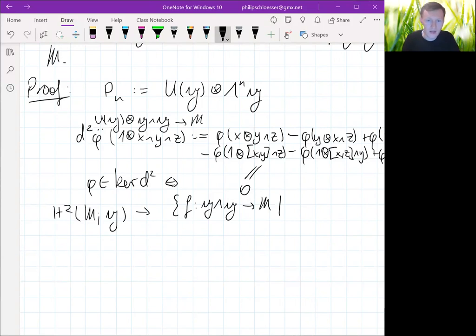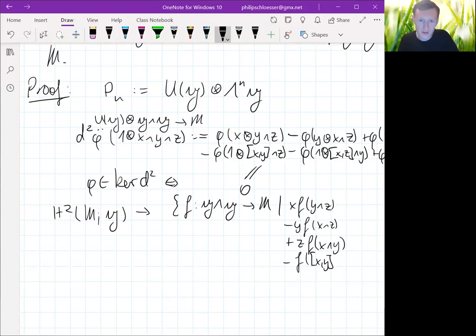Well, it's exactly something that looks like this. X F of Y wedge Z minus Y F of X wedge Z plus Z F of X wedge Y minus F of the bracket of X and Y wedge Z, I guess that should be a, sorry, plus minus.